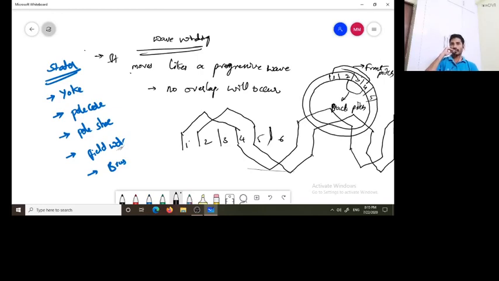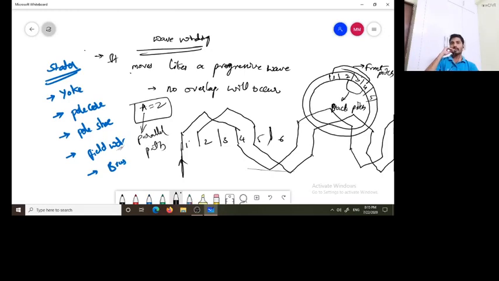In the case of wave winding, the number of parallel paths is always 2. Why? Because at the time of starting, the current will be passing, and at the time of ending, the current will be leaving. There is no intermediate path. So the number of parallel paths is always 2, one at the starting end and one at the leaving end.